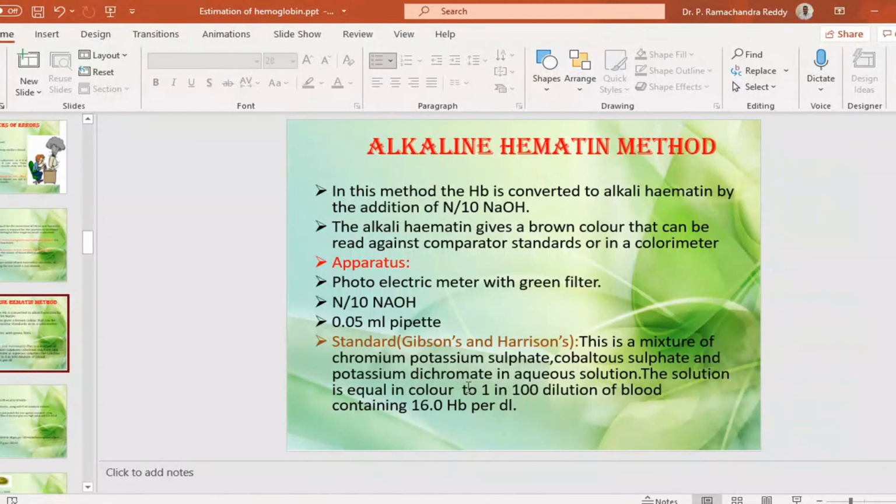This is a mixture of chromium potassium sulfate, cobaltous sulfate and potassium dichromate in aqueous solution, available commercially from companies. The solution is equal in color to a 1 in 100 dilution of blood containing 16 grams of hemoglobin per deciliter.